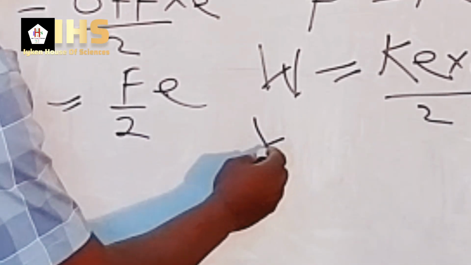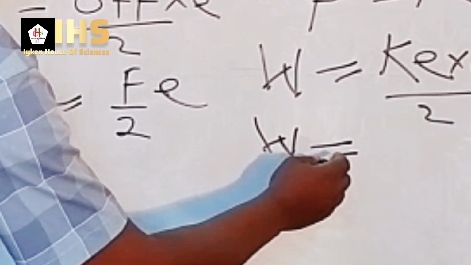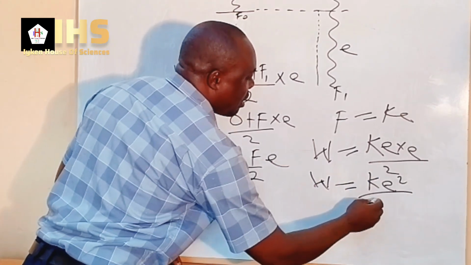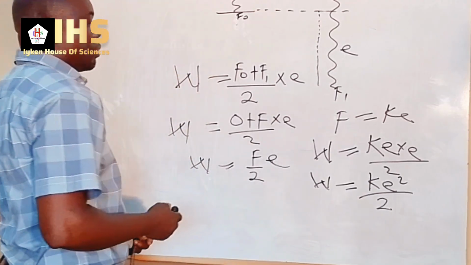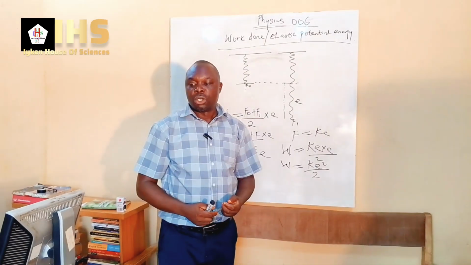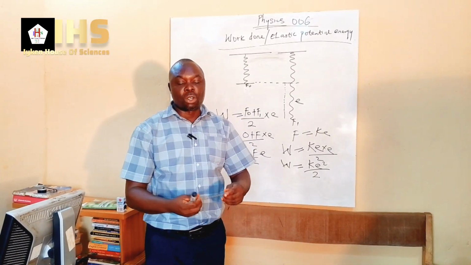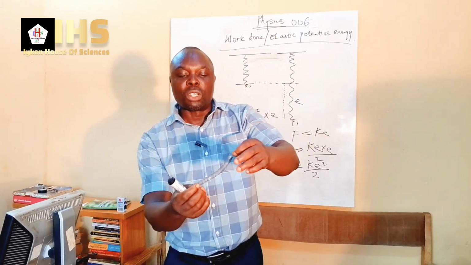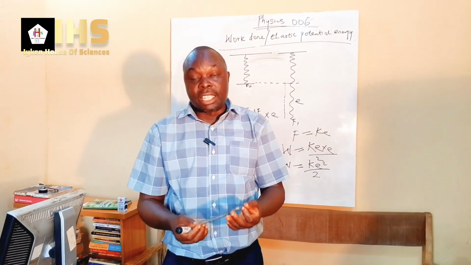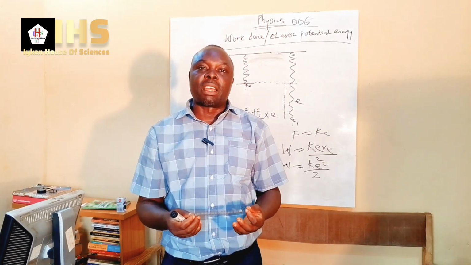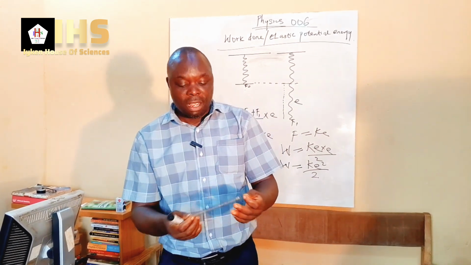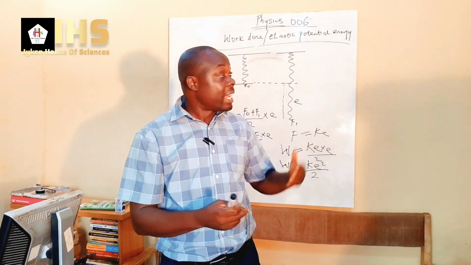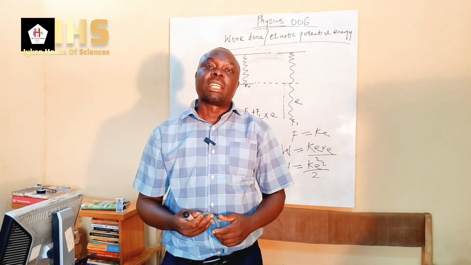So we have work done equal to K E squared all over 2. That is what you can use to calculate the energy stored by a spring. If you know its force constant and the increase in length, you can get the energy stored in the elastic material. If you know the force applied and the increase in length, we can also calculate the energy stored, or elastic potential energy, of that elastic material.